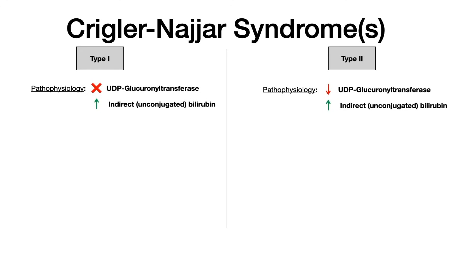So the enzyme activity is decreased, but it's still there a little bit. And because of that, you're going to get an increase in your unconjugated or indirect bilirubin, but it's not going to be as high of a level that you see in type 1 Crigler-Najjar, where you simply have no enzyme whatsoever.